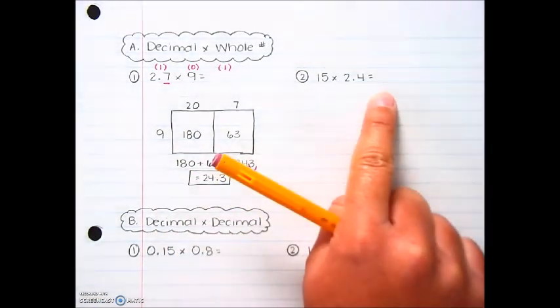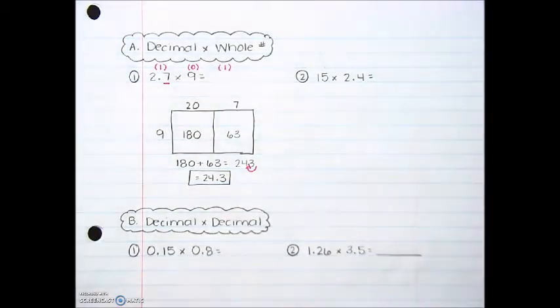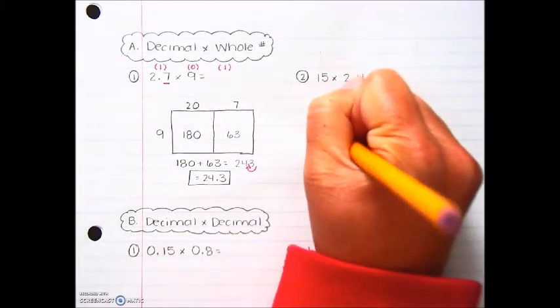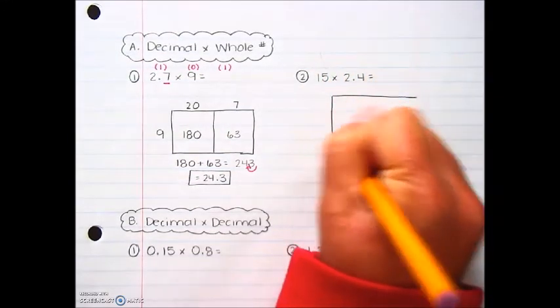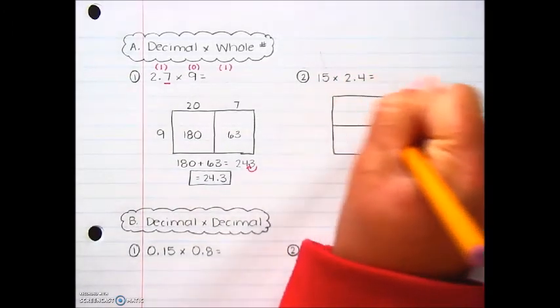Let's take a look at when we have two-digit factors. So I have 15 times 2 and 4/10. So again, I'm going to pretend like this is the whole number problem, 15 times 24. So I'll draw my boxes.